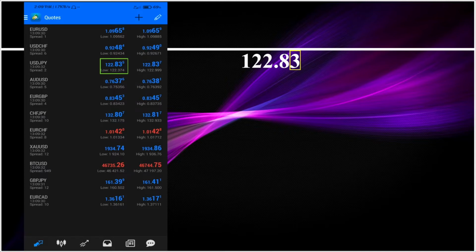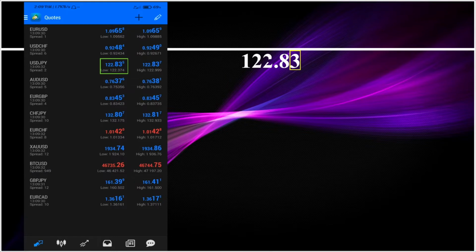Every currency pair that has JPY in it, be it USD JPY, GBP JPY, Swiss franc JPY, CAD JPY, and others, for the fact JPY is there, you start the pip calculation from the second number after the decimal point. So in this scenario, 3 is the second number after the decimal point.